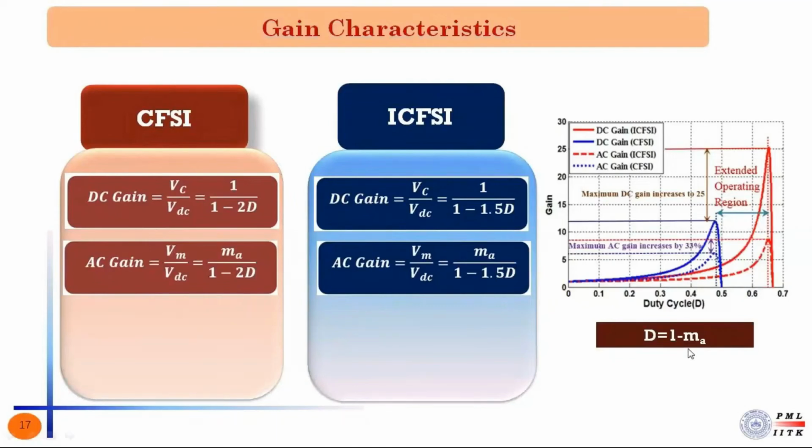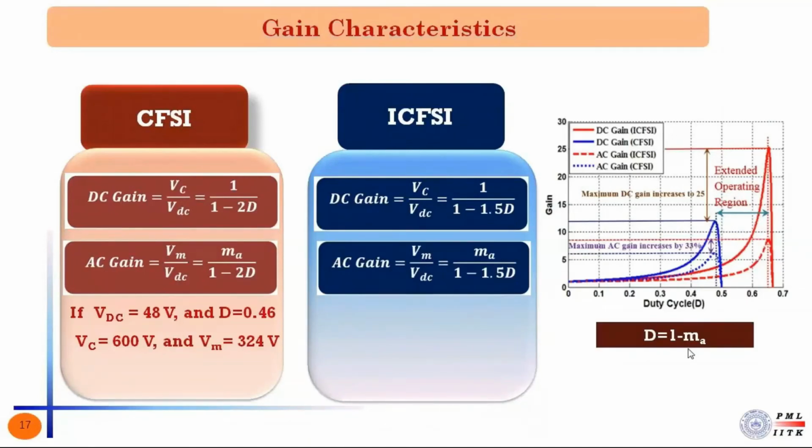Now let's understand this gain characteristics with some numeric example. Now suppose the DC input that we have is 48 volt, and we have chosen D at 0.46 in case of CFSI. This is actually the practical maximum D in case of CFSI. So in that case, VC, that is the DC link voltage, will be 600 volt, and the peak value of the AC output voltage will be 324 volt.